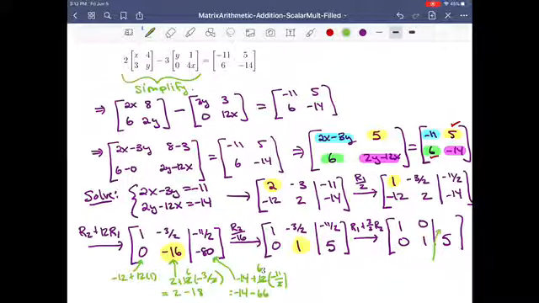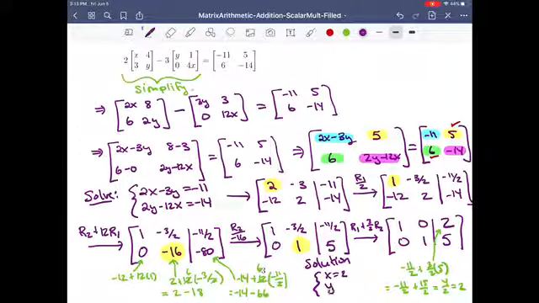And then this entry up here, I had negative 11 over 2, and I want to add 3 over 2 times 5. So that is negative 11 over 2 plus 15 over 2, which is going to be 4 over 2, which is 2. So I get the integer 2. So my solution, which I don't have a lot of room for, is x equals 2, y equals 5.